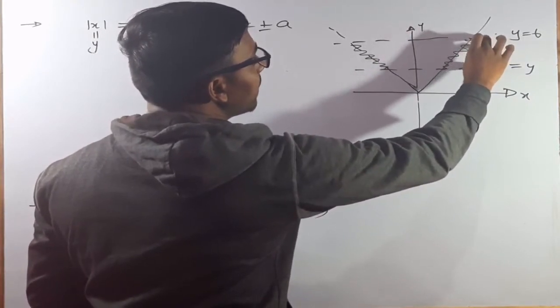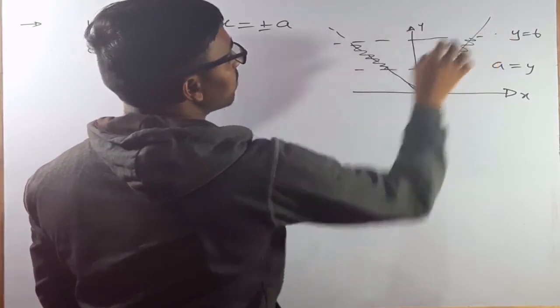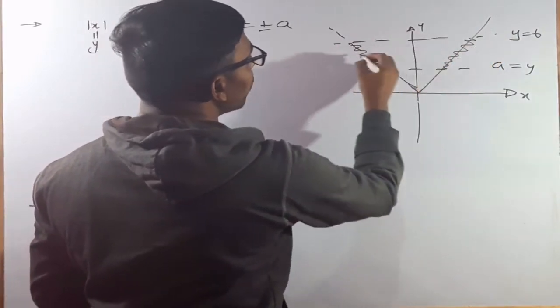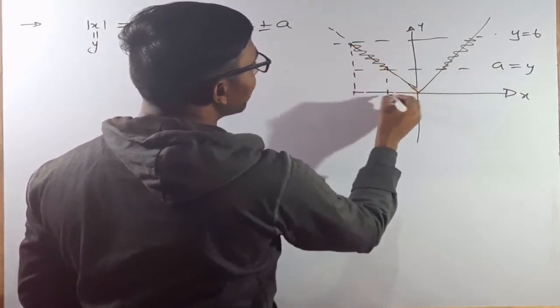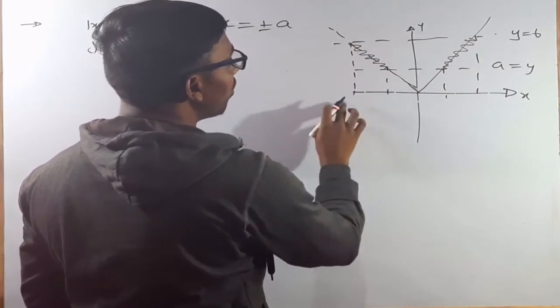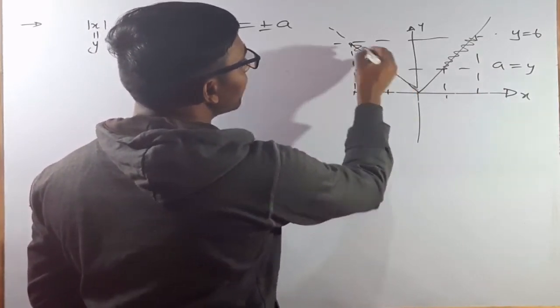We need to lie in between b and a, so we are going to take only these values of x. This is the graph of our interest. So I am going to calculate the x coordinates of these points. These are the points of focus.